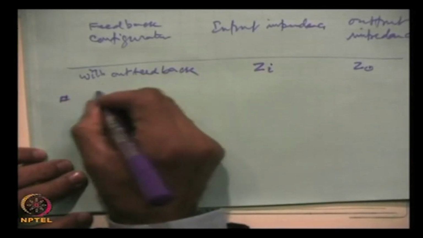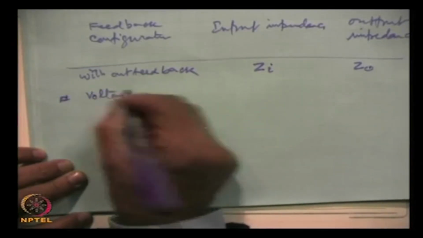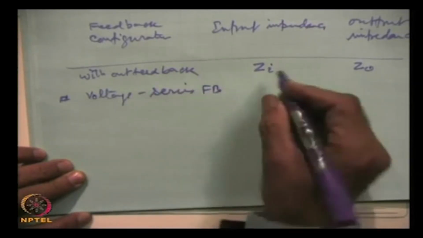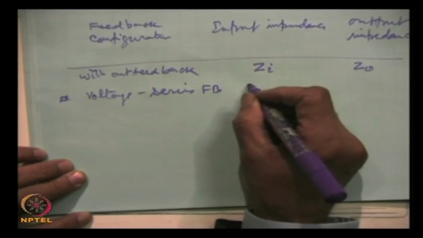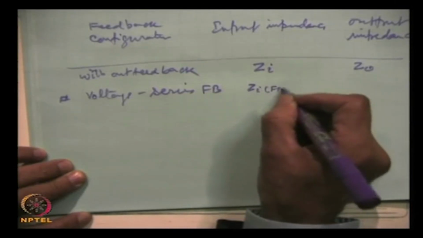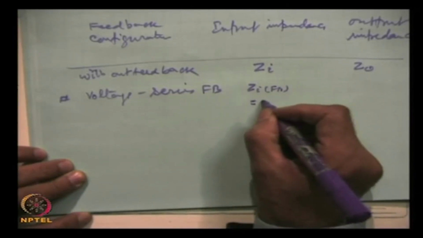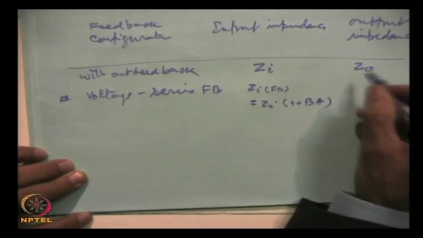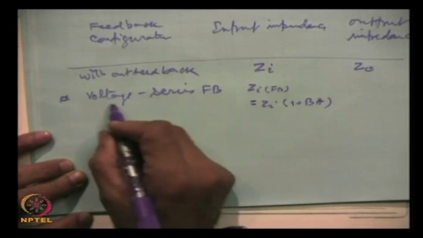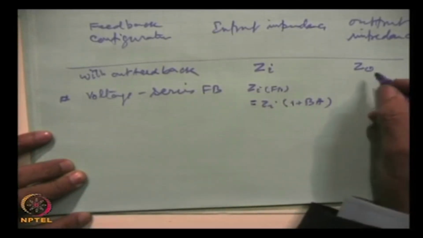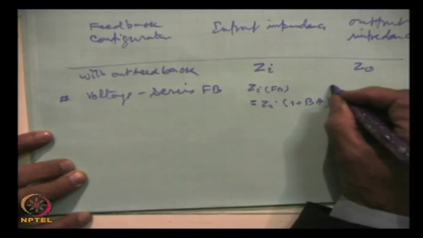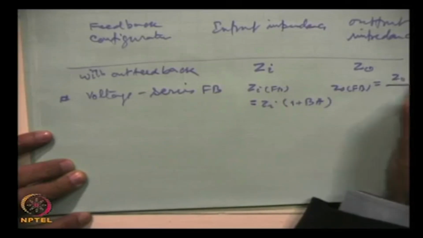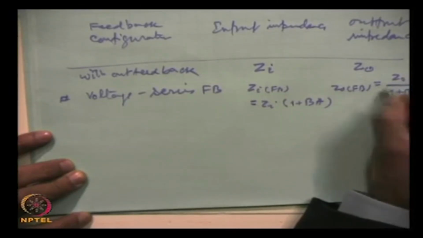In voltage series feedback, the input impedance increases to Z I F B equal to Z I times 1 plus B A, and the output is reduced because the output is shunt. So Z 0 F B is equal to Z 0 divided by 1 plus B A.